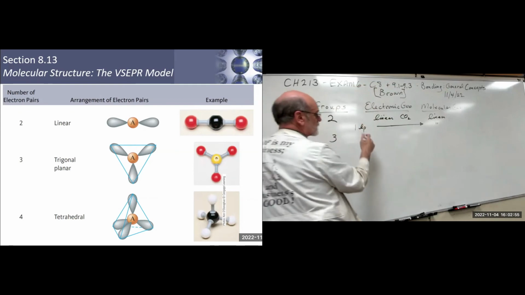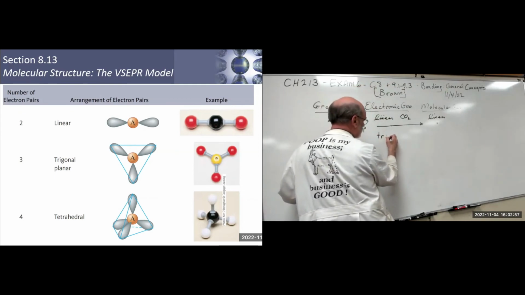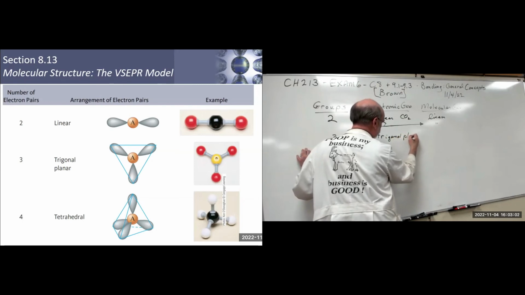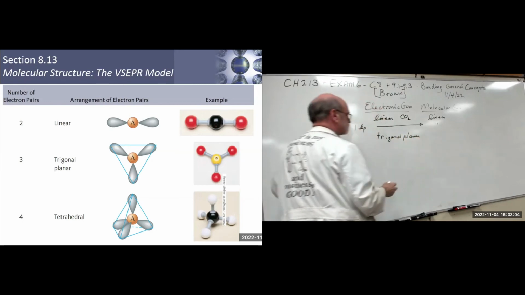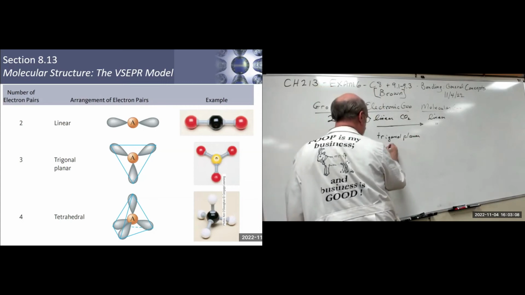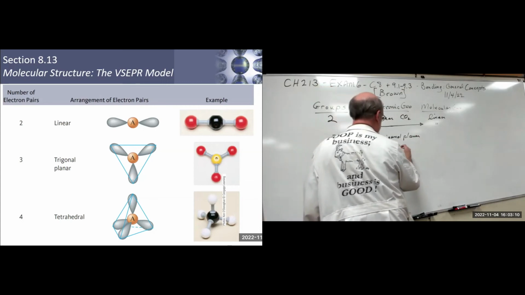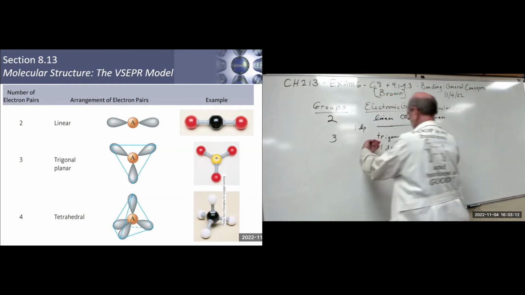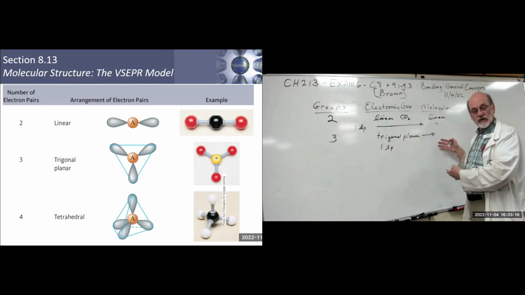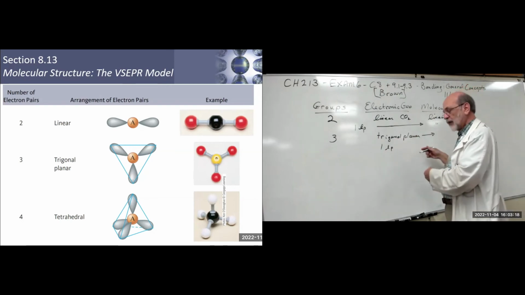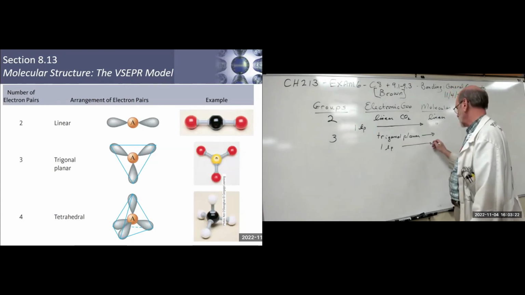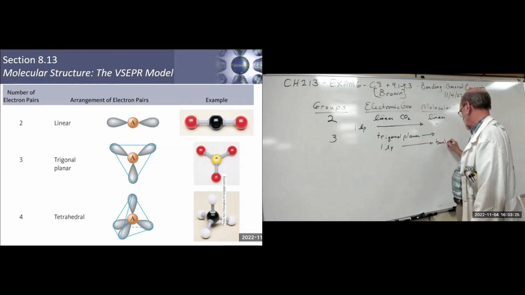How about three groups? Three groups gives an electronic geometry of trigonal planar. Okay. Now, if they're all atomic, then that's the same, trigonal planar. If you have one lone pair, what do you have? You have a bent molecule, right?